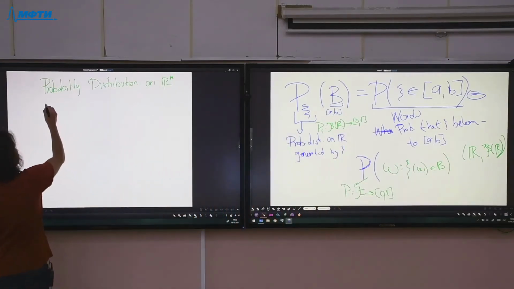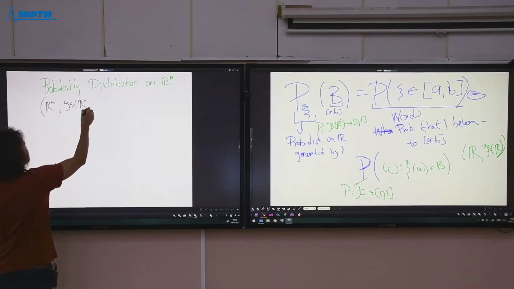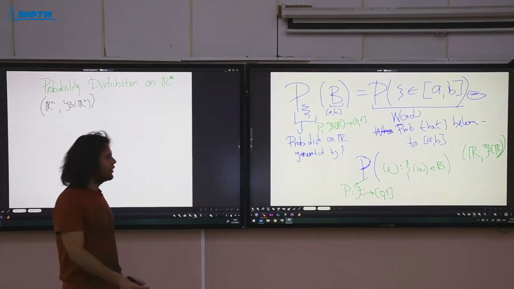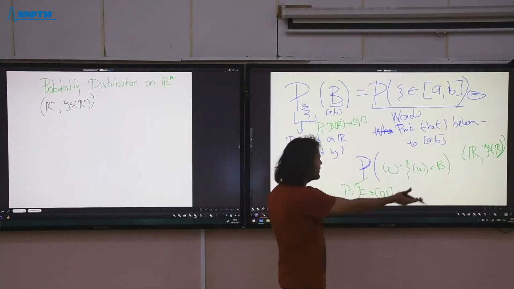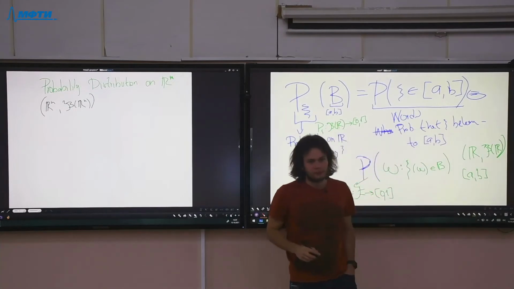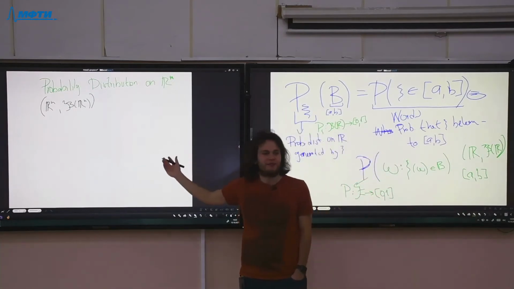The measurable space in this case is Rn and the Borel sigma algebra on Rn. Right? So for example, if a Borel set here is the interval AB, and then what is a Borel set here?